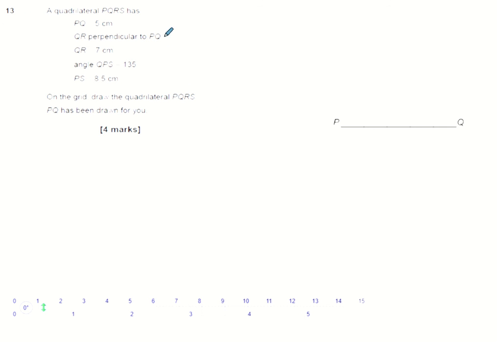Right, to begin with, QR has to be perpendicular to PQ. Two lines are perpendicular if they meet at a 90-degree right angle. So for this one, we are starting at Q and going down to R, but this has to be 90 degrees.